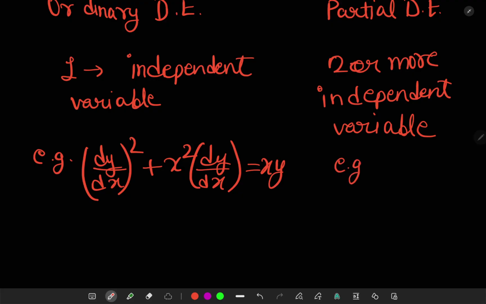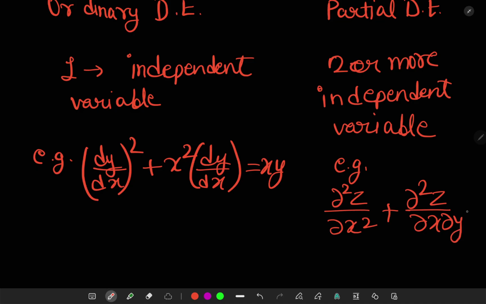For an example of a partial differential equation, here you can see x and y are independent variables and z is the dependent variable.